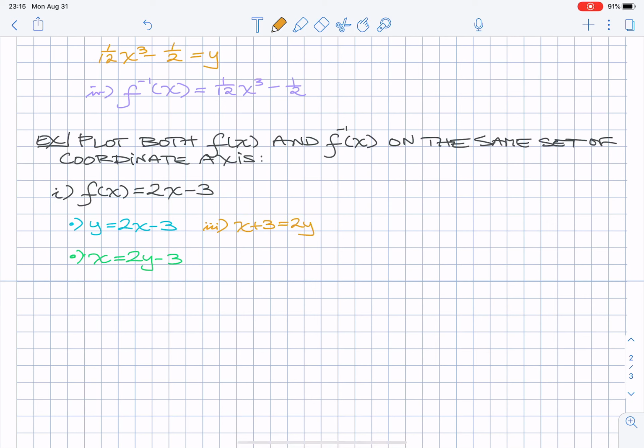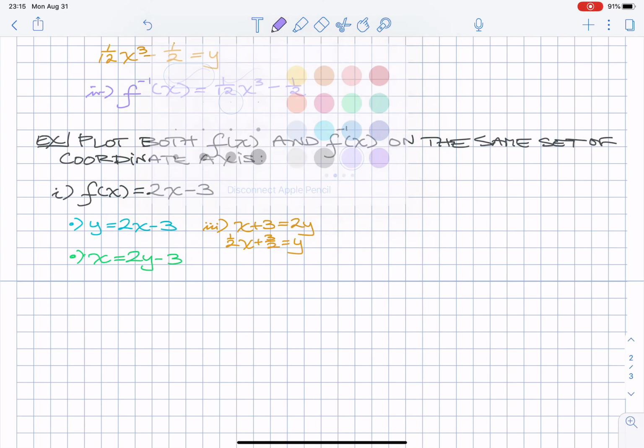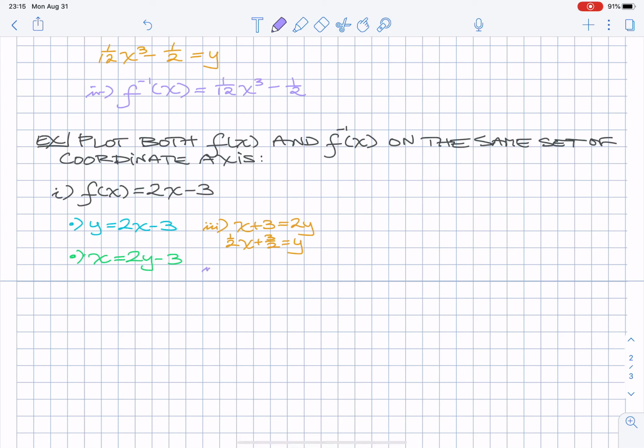Then divide by 2, I would get 1/2. Maybe I should not skip. So 1/2 x plus 3/2 is equal to y. So step 4, I get that f inverse of x is 1/2 x plus 3/2.